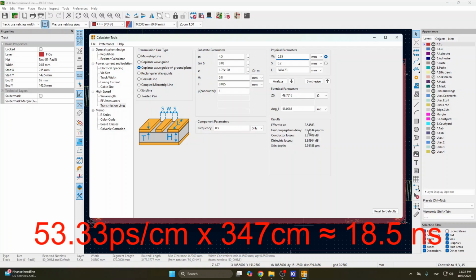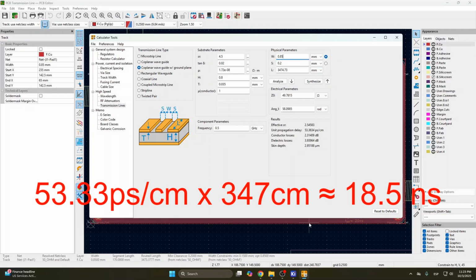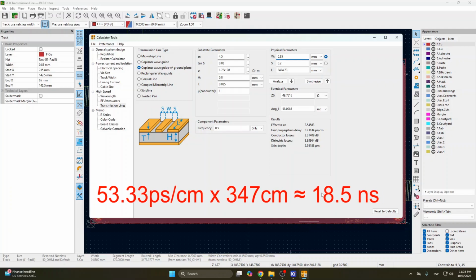So 53.36 picoseconds per centimeter times 3,474 millimeters, and it will give us a total propagation delay of 18.5 nanoseconds approximately after doing all the appropriate unit conversions.